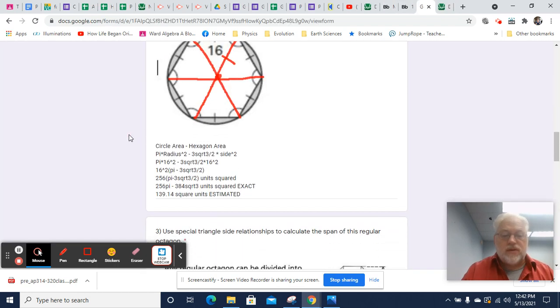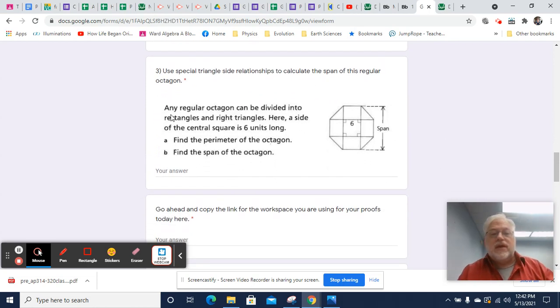Okay, let's go to the next one. Now we're trying to use special right triangle side relationships to calculate the span of this regular octagon. Okay, so we have this square. The side of the square is 6, which means that this part is 6.